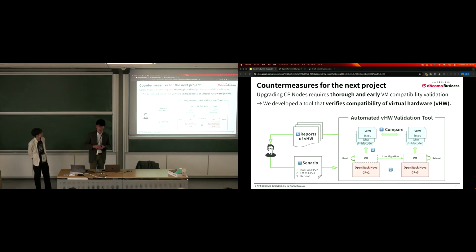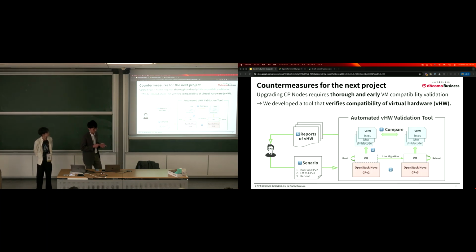Based on this incident, I'll explain the countermeasures we have prepared for our next upgrade project. We developed an automated validation tool for what we call virtual hardware. That is the hardware information as seen from inside the VM.